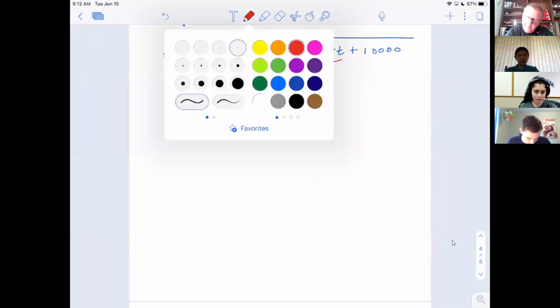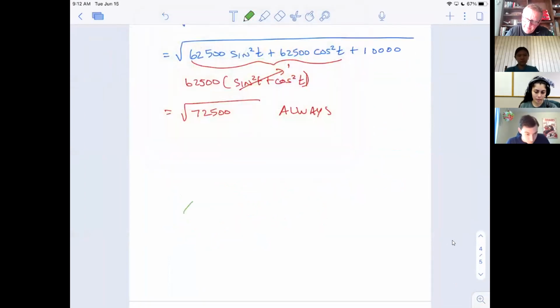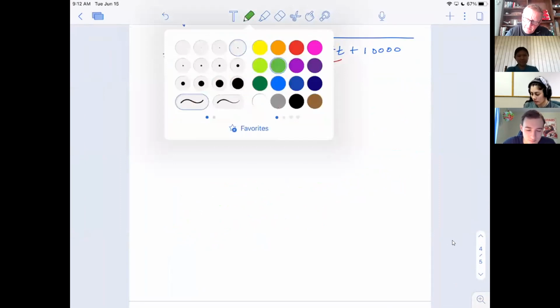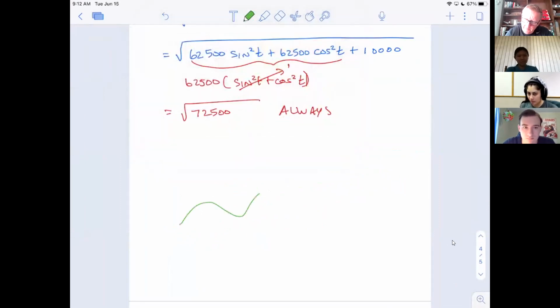If I have a path that kind of looks like this, super sharp, and just some kind of crazy path, and again, I'm drawing this in 2 dimensions just so that you can at least see it. But if it's a smooth curve like this, that's going to cause changes in speed.